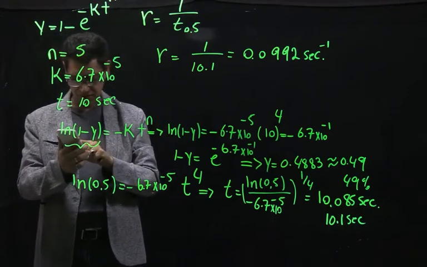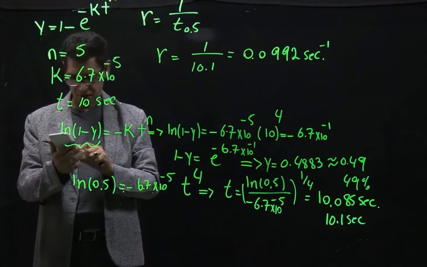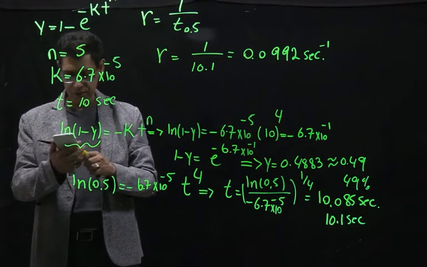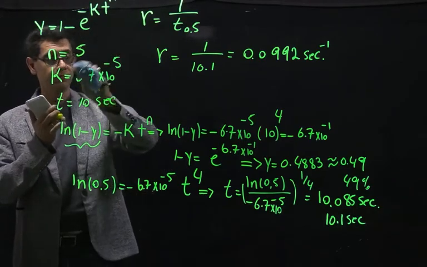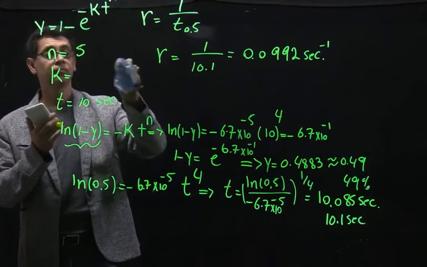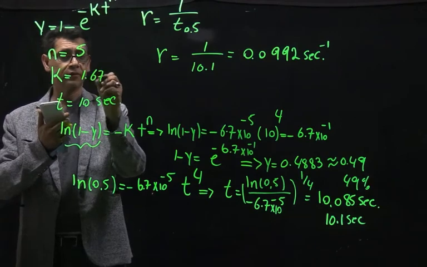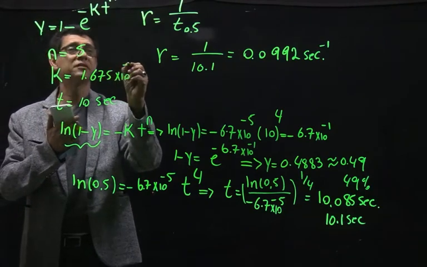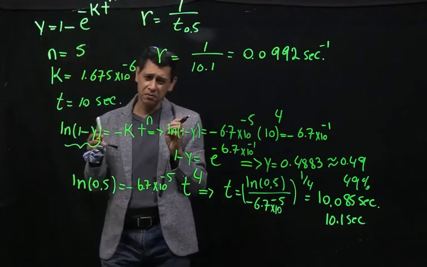So 6.7 × 10 to the minus 5 divided by 4 becomes the new value, 1.675 × 10 to the minus 6. I want to see what is your feeling now.